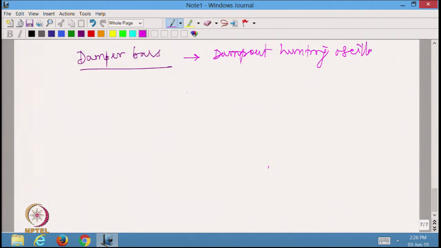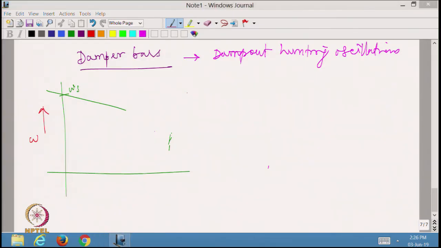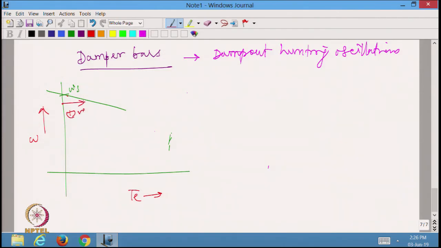In this particular case, because the damper bars are very similar to induction motor winding, if I look at the induction motor torque, please note, if I am looking at this speed as omega s and I am drawing this as omega and this as torque, right, this is the torque, I am going to have anything below synchronous speed, I will have a positive torque. Anything above synchronous speed, I will have a negative torque.